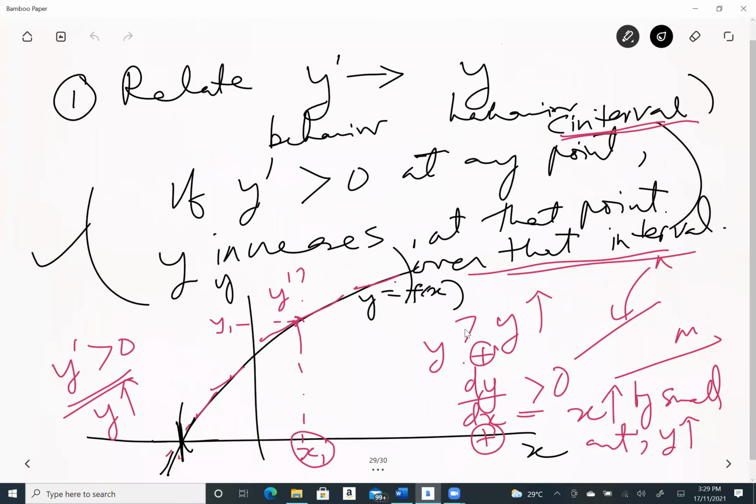Okay, next. When you have this kind of function, normally you will have something like this. You go to the book.